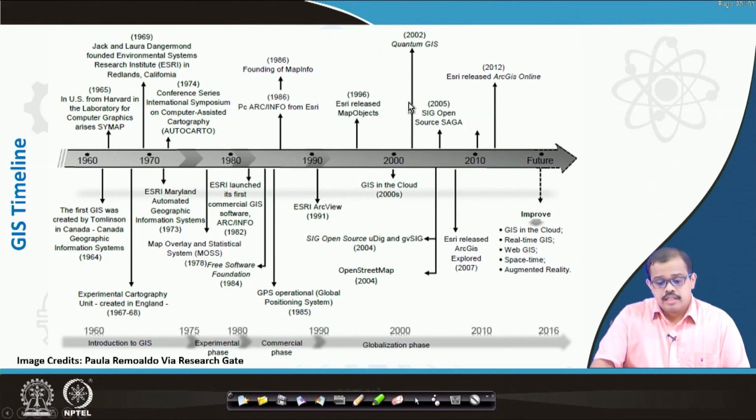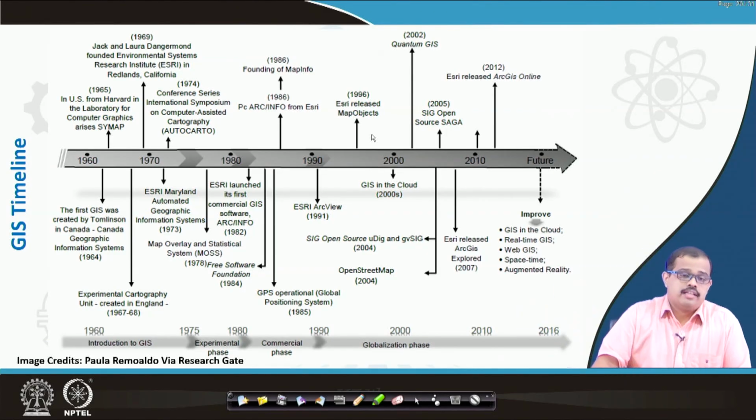But the revolution came in 2000, with GIS in the cloud. That was the first thinking, where GIS can be put on the cloud, and GIS can be understood as a system that can be connected elsewhere, and you don't need a particular system to look at a particular process or software. It can be centralized. Such thoughts came into existence.